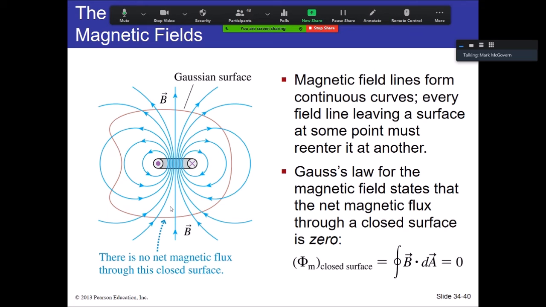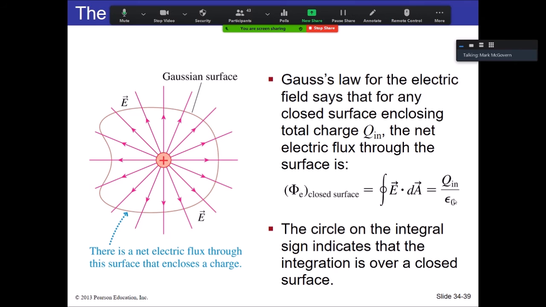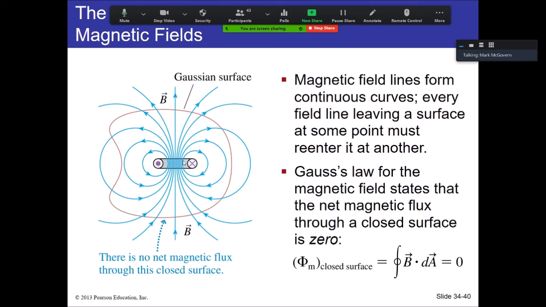It's like always having dipoles, and always having dipoles means that the flux is ultimately always zero. It's never non-zero, because if it was, you'd be claiming you can isolate a pole, which you can't do. With electric fields, Q enclosed, you can isolate single positive charges and negative charges. You cannot do that for north and south poles.